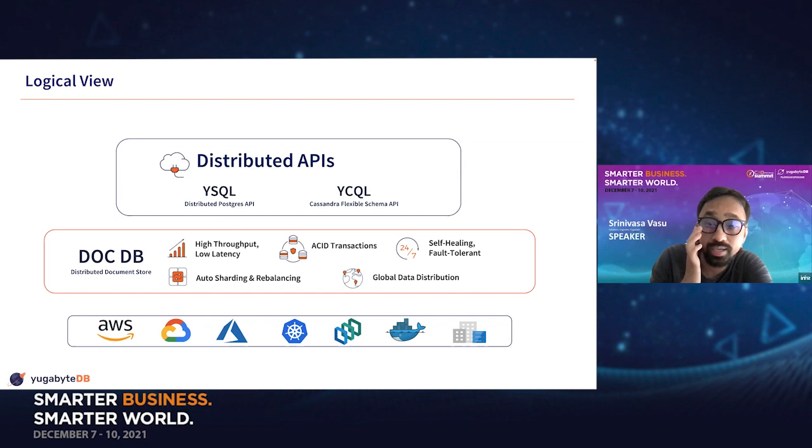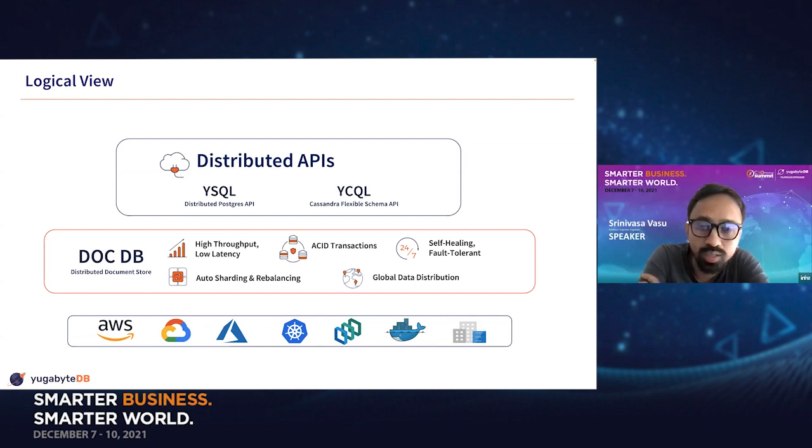So the API layer is pluggable, essentially to address a discrete set of use cases, right? It supports two different APIs. YSQL, Yugabyte Structured Query Language, is built based off of the Postgres API. That is meant for traditional RDBMS-based workloads, all of your systems of record, engagement, those kinds of use cases. You can use YSQL.